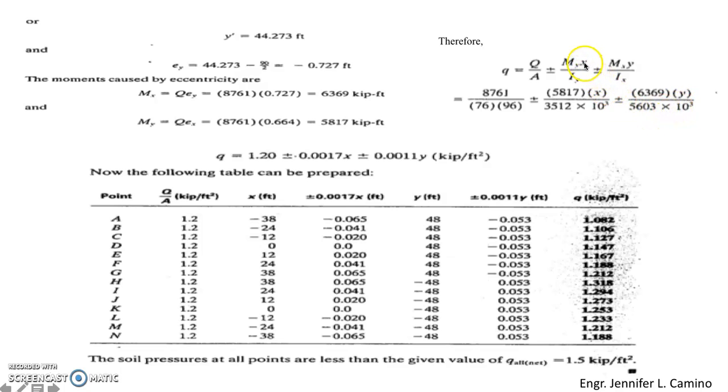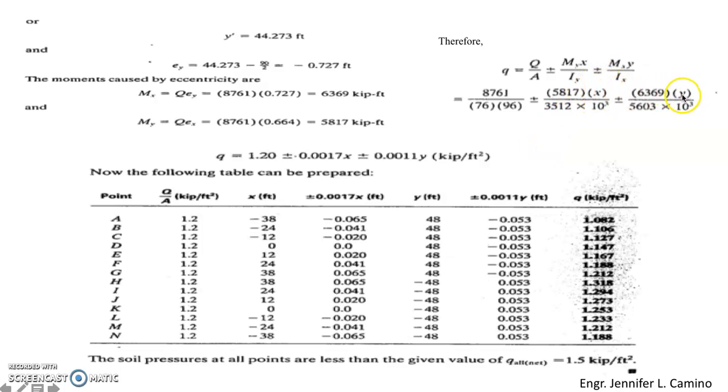So for this one, you simply have to substitute the values into our equation. Basically for x, this is the distance of each of the column loads towards the centroid along x direction.